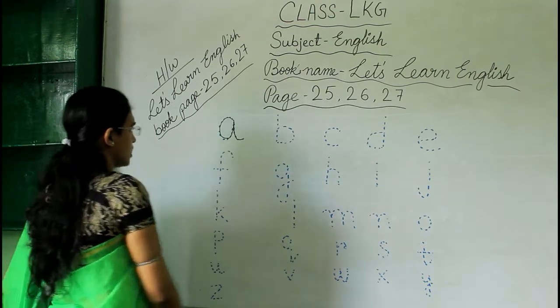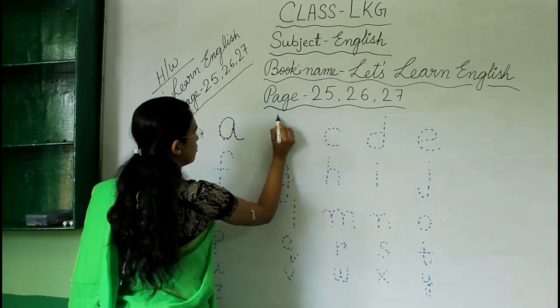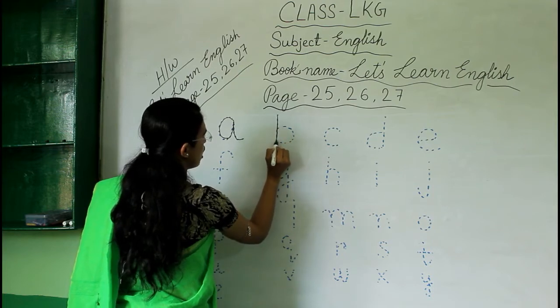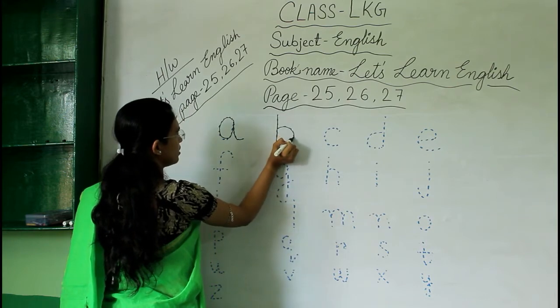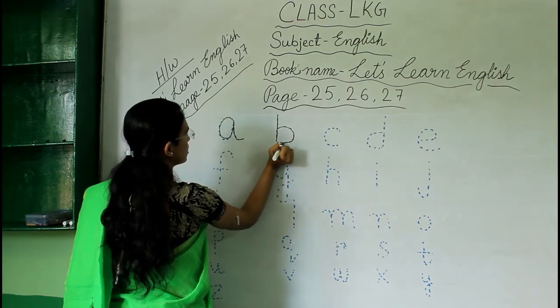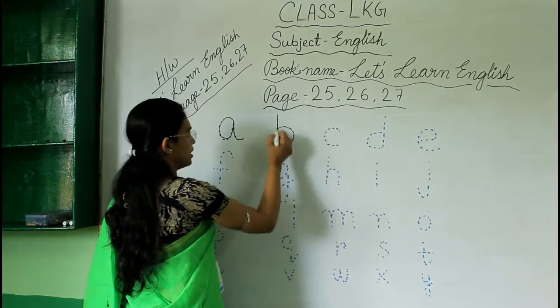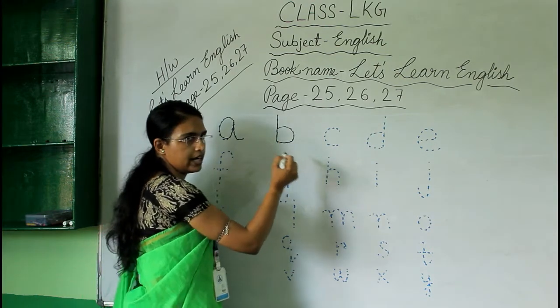Okay, this is A. Then B. For B, you have to first draw a straight line. Then you have to draw a curved line, right curved line, okay? For making B, you have to draw a straight line, then a right curved line.